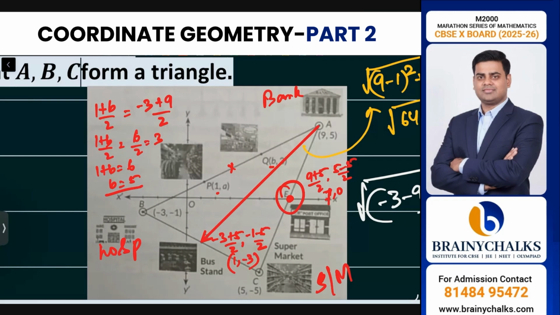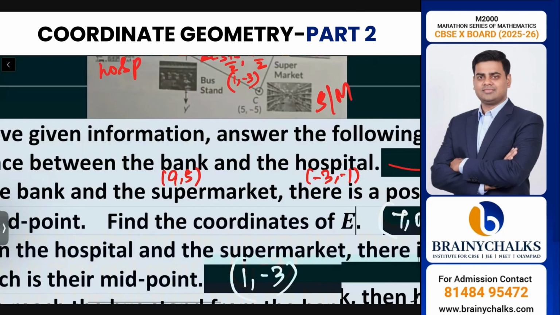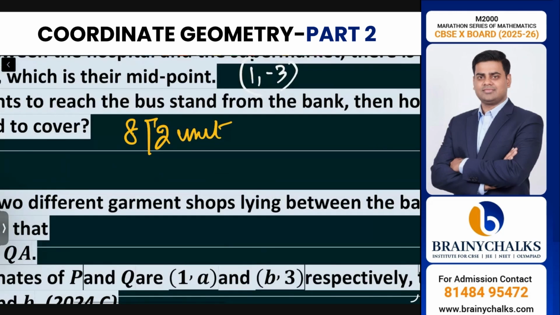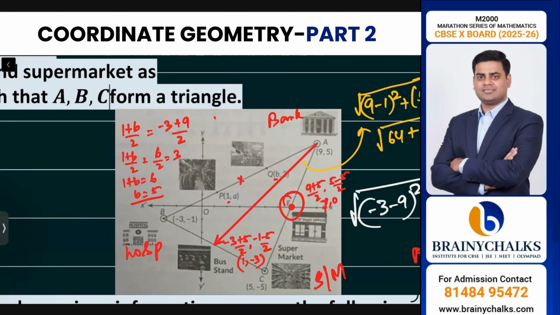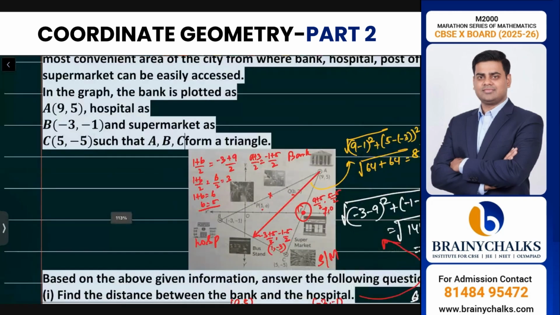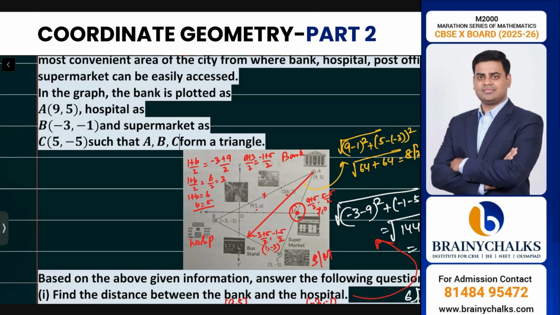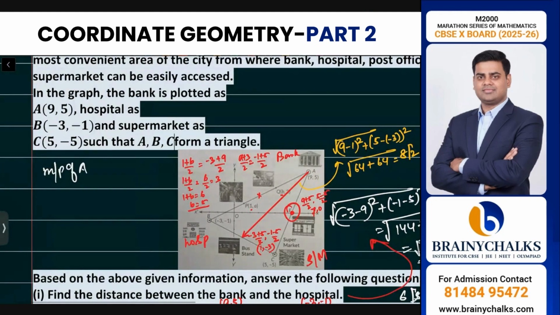b equal to 5. Similarly, 1 plus, how much have they given here? 3. Okay. 1 plus 3, a plus 3 by 2 is equal to minus 1 plus 5 by 2. Shall we write? If you don't understand, tell me, I will repeat again. Look, what I am trying to say is, midpoint of AB is equal to midpoint of PQ.